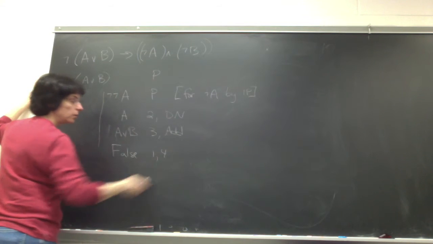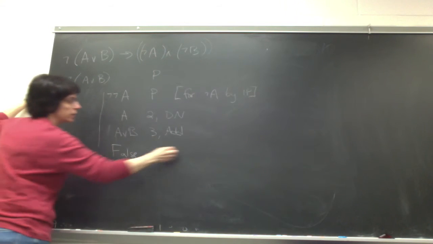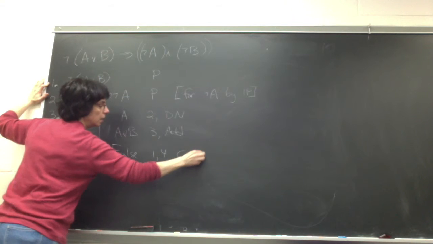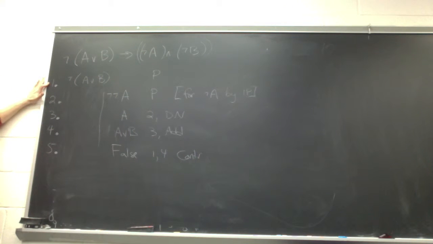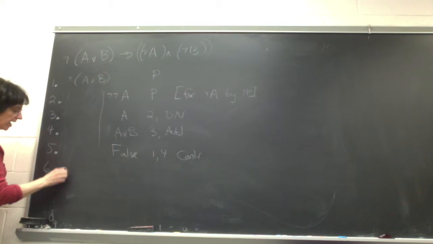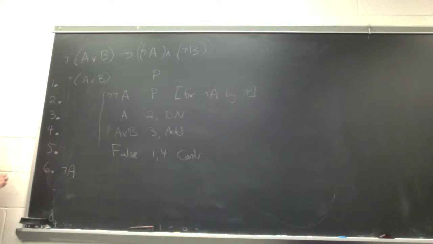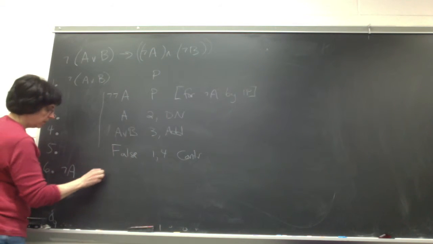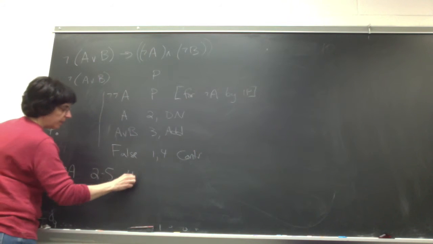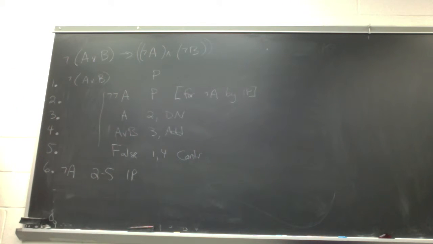And what's the name of the rule? Contradiction, right? You guys with me? Which means I can say, what was I trying to do? I did not A, which means I can conclude not A, right? Based on lines 2 to 5 and IP. We're halfway there, right?